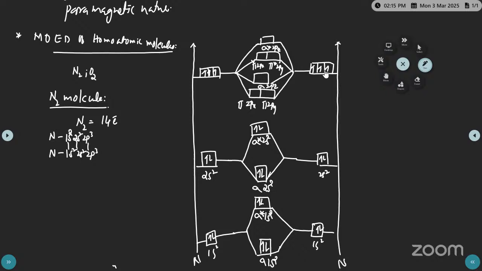How many? Two. So in that, one electron, second electron, third electron. What is the rule? What is that rule? ఏంటది? Hund's rule. The pairing of electrons takes place.